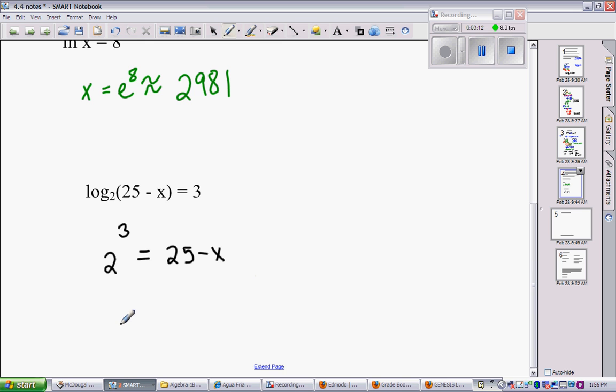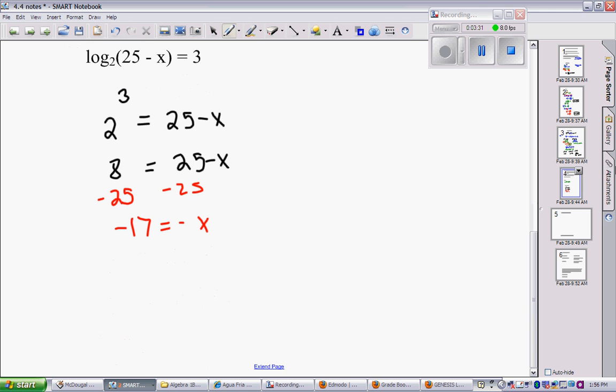That goes to 8. Subtract the 25. So you have -17 equals a negative x, but we want a positive x. So x is 17.